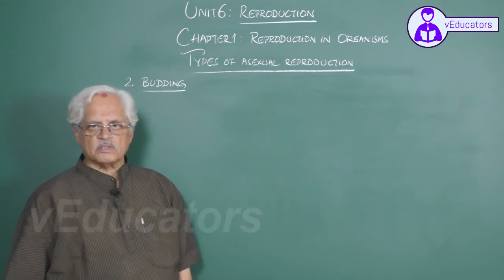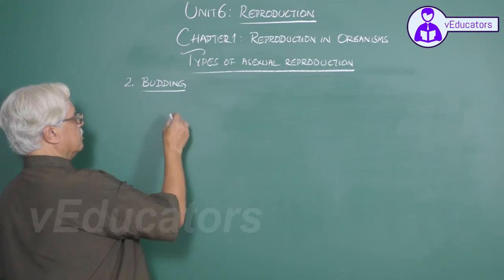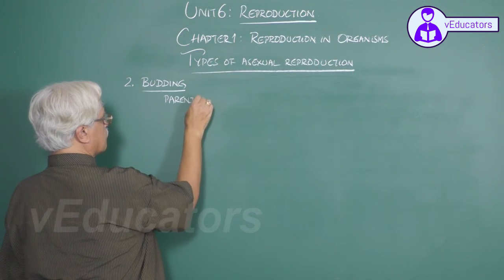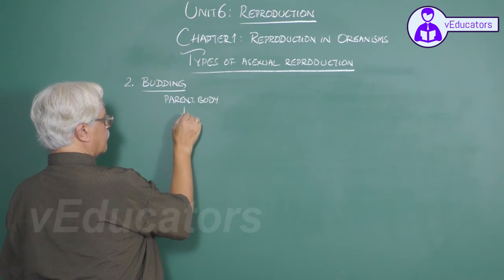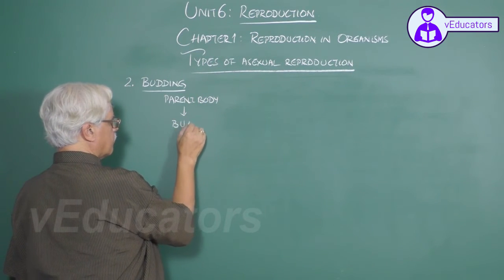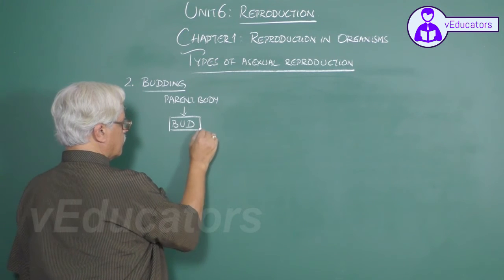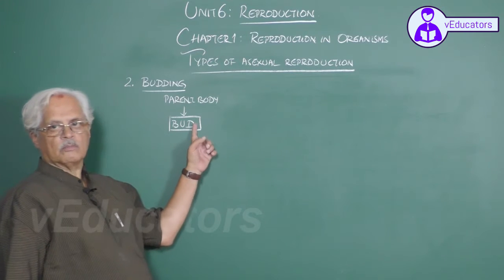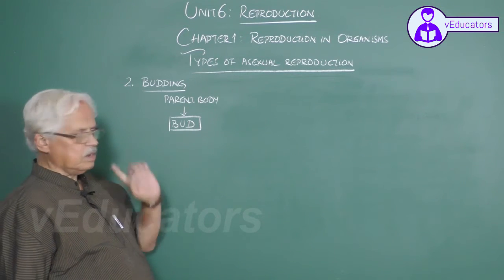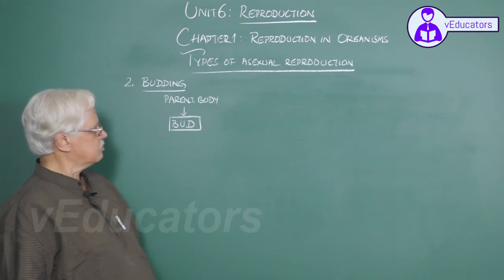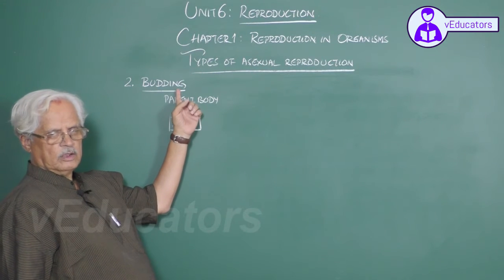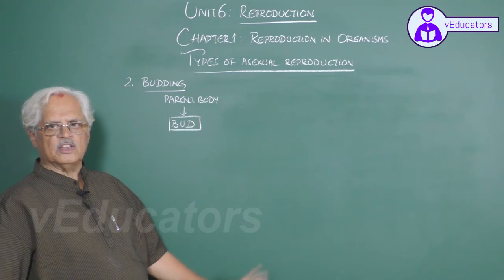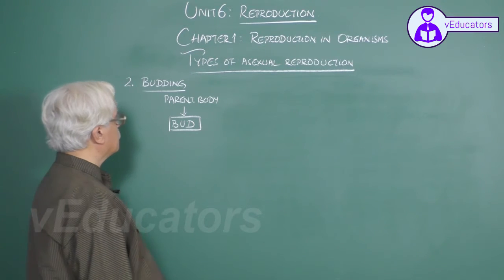Budding is a process where the parent body develops a small projection called a bud. This bud gradually grows, develops the necessary structures, becomes an adult individual, separates from the parent and leads an independent existence.